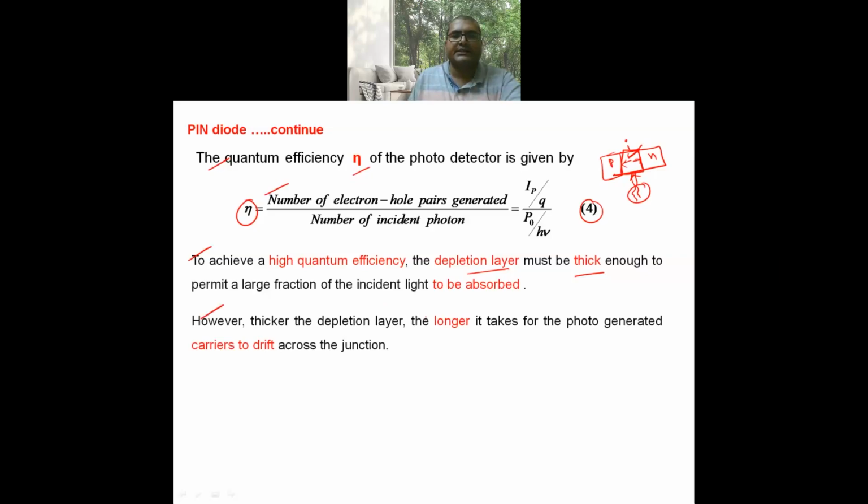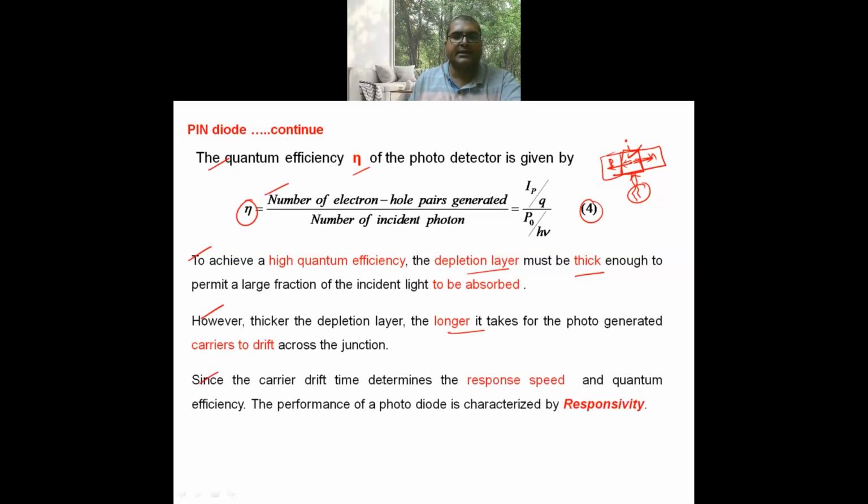However, the thicker the depletion layer, the longer it takes for the photo-generated carriers to drift across the junction. Means if the depletion region is thick, the generated carriers take longer to drift across the junction.